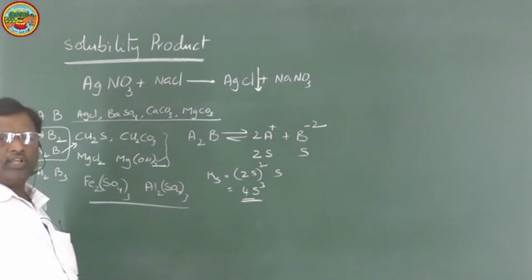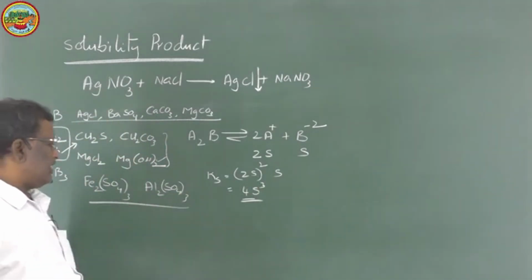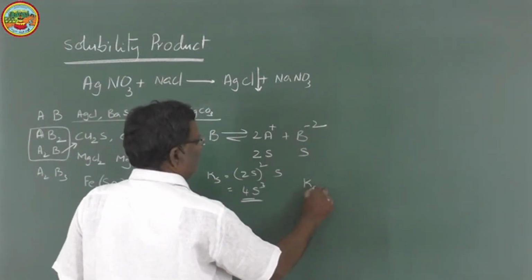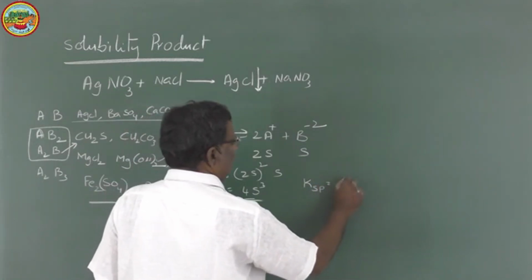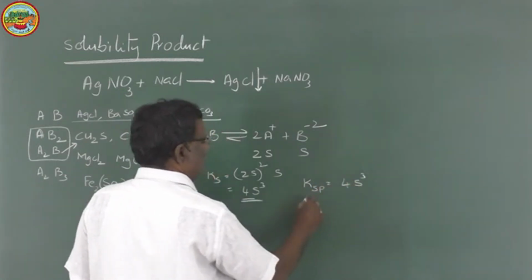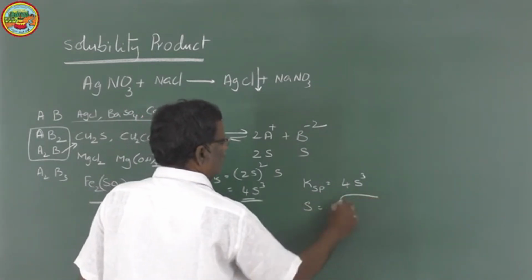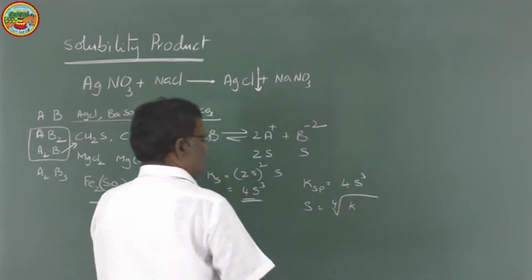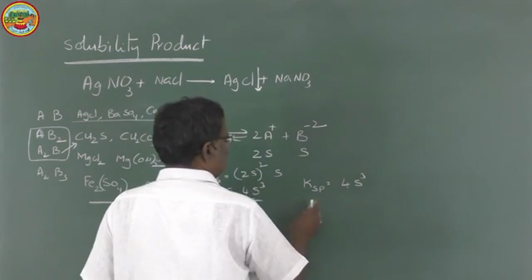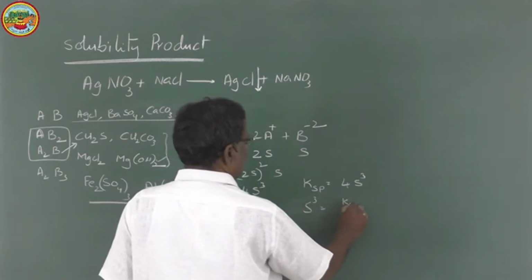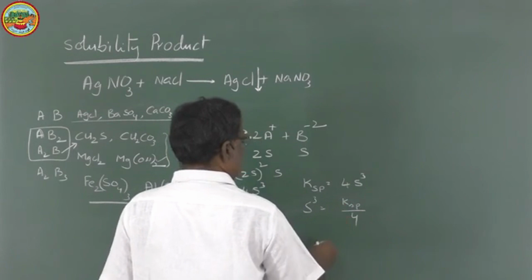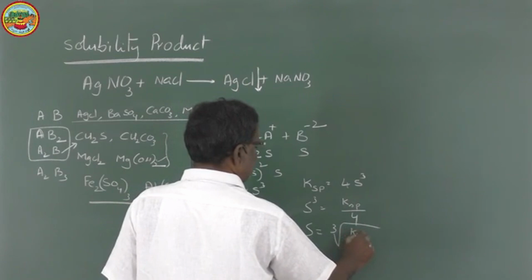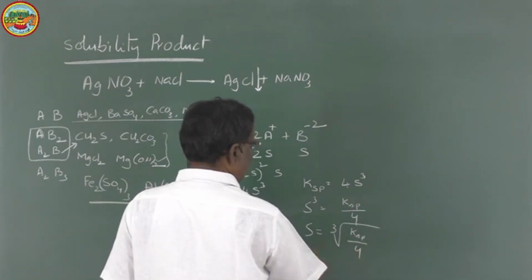So in such cases, KSP is equal to 4S cube, or S cube is equal to KSP by 4, or S is equal to the cube root of KSP by 4.